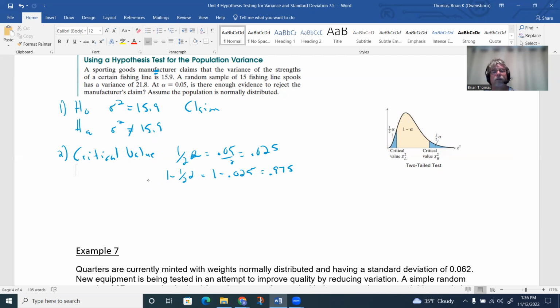So we have our new alphas, and then we also have to know our degrees of freedom. Since the sample size was 15, we have a 15 up here, so our degrees of freedom is 14. Again, we have to find chi-squared R and L.